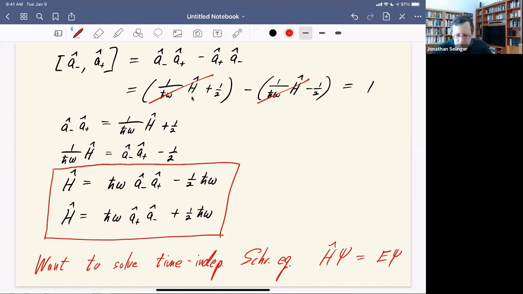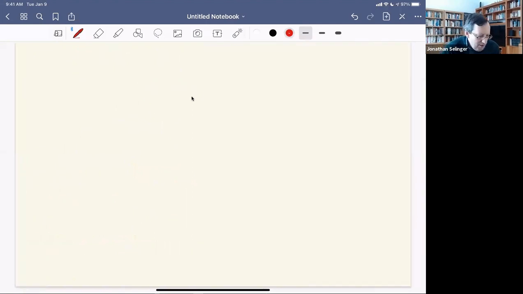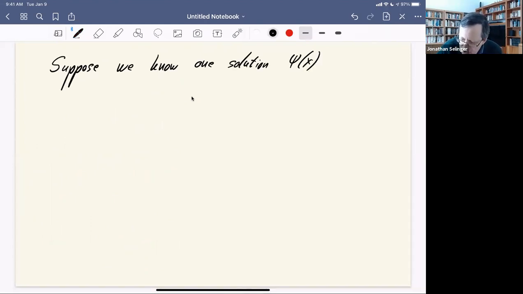We think there are going to be multiple solutions for some psi, and that psi will go with some energy E. So here comes the trick. Suppose we know one solution, psi of x, with energy E.